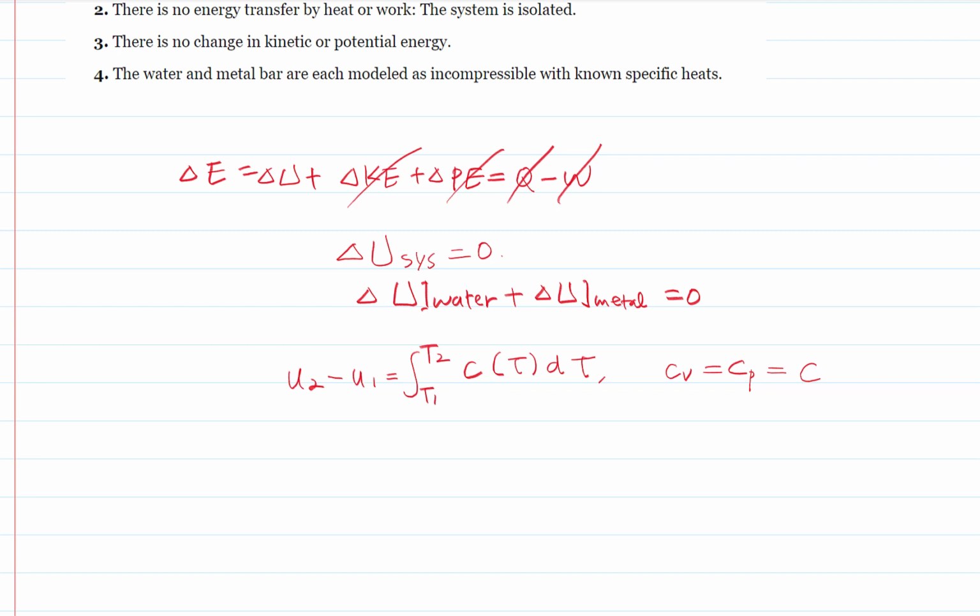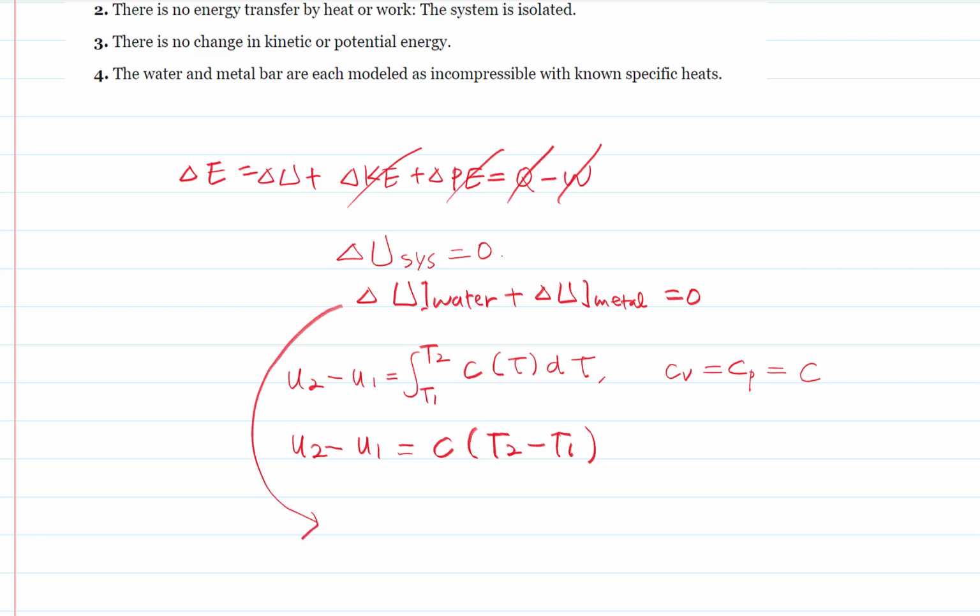And we also assume it has a constant specific heat. Typically, specific heat is a function of temperature, but we are going to assume specific heat is constant. So for constant specific heat, it can be further simplified. Internal energy change is C times temperature difference.